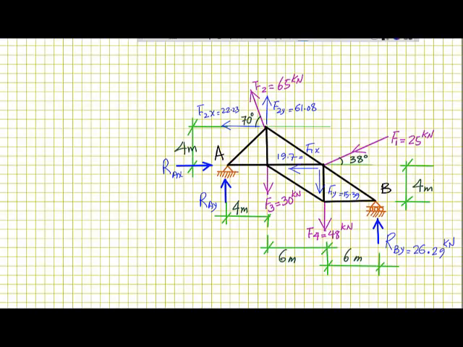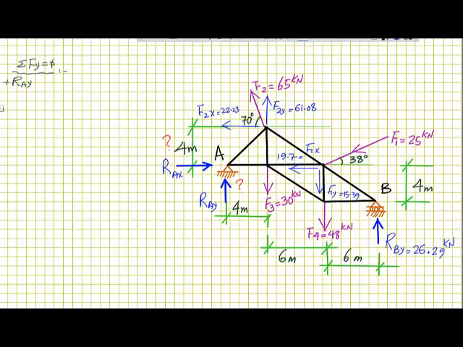Okay, now that we calculated the value of RBY by taking the sum of all moments about point A, we still have two unknowns left, which are RAY and RAX. We will use the second equation of equilibrium by doing the sum of all forces in the y direction equal to 0. So with this we have RAY positive, plus, upwards.